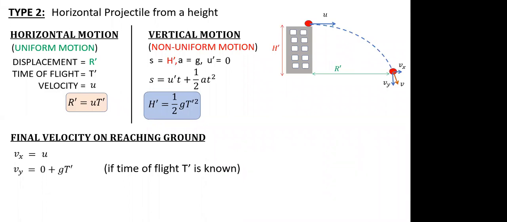Here u is 0 because initially the vertical velocity component was 0, plus g t dash, and directly you can get the value of the vertical component. Once you know the horizontal and vertical components, the final velocity is, by Pythagoras, which we did during resolution of vectors, the resultant: root of horizontal component square plus vertical component square. So you got the velocity at the final point.